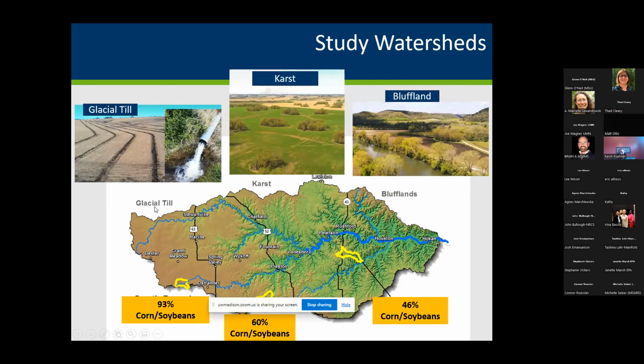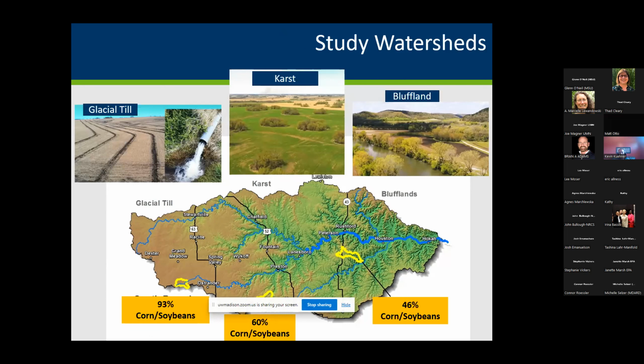To the west, we've got glacial till, which benefits from subsurface tile drainage. In the middle, we've got karst, and closer to the Mississippi, much steeper topography mixed with forest land.